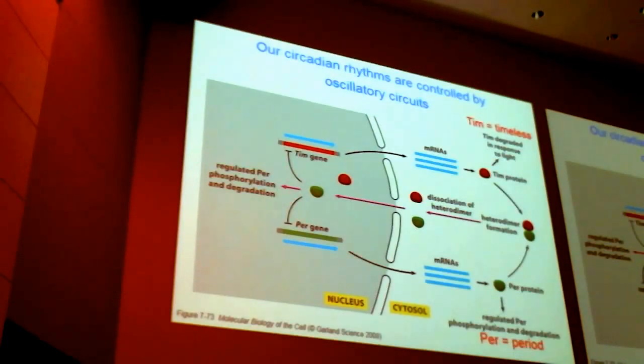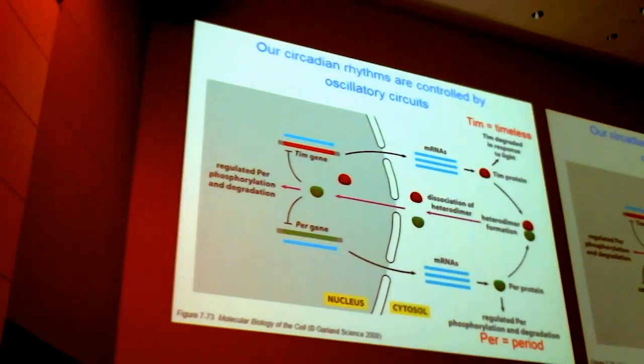And all that you're seeing in that slide can be simplified like this. Something gets made, gets out, then something comes back in and starts doing more stuff. And in between is delay. This feedback action has delay in it.